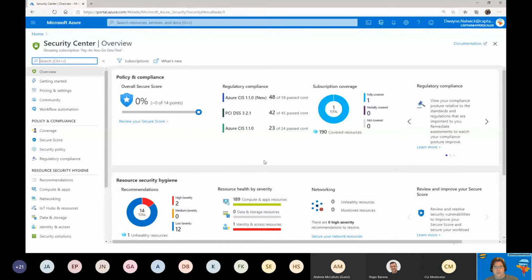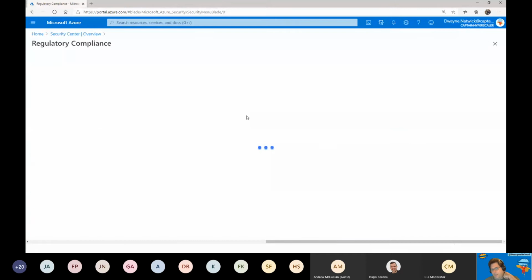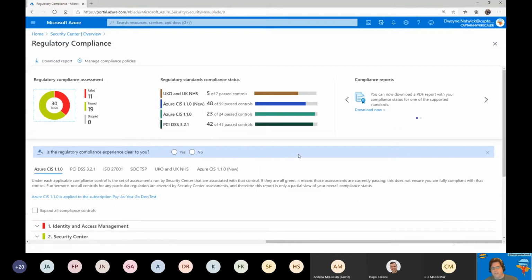As you can see here, when you go into Security Center, you can look right away at your overall security posture with your security score. This is my demo environment and doesn't have a whole lot of resources on it. The key thing here is the regulatory compliance.